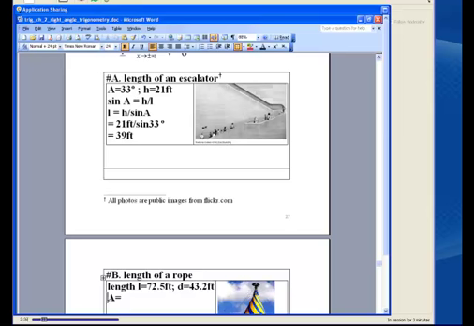So we're going to have sine A equals D over L, or angle A equals inverse sine of D over L, which is 43.2 feet divided by 72.5 feet.